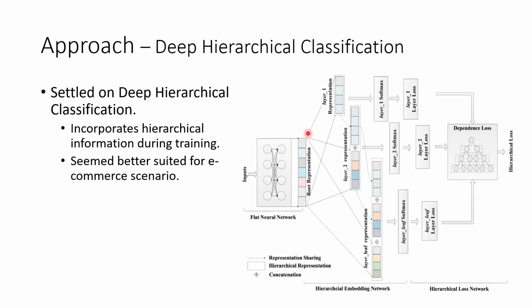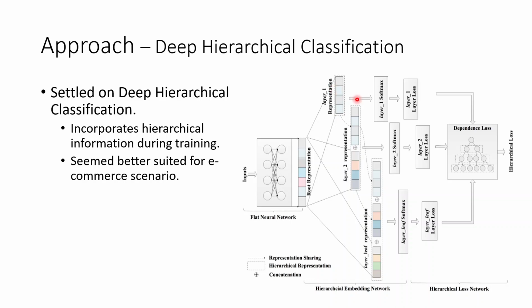So the idea is that we take a neural network, something like a ResNet-50, which we used, and this gives us 3 different representations. It gives us a representation for layer 1, a representation for layer 2, so the meta, the level 2 category, and the leaf layer. We obtain a different representation for each layer, and we concatenate the representation of the previous layers.